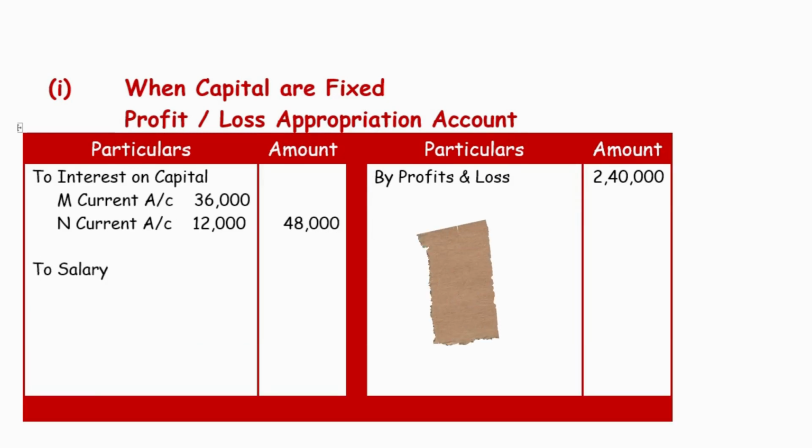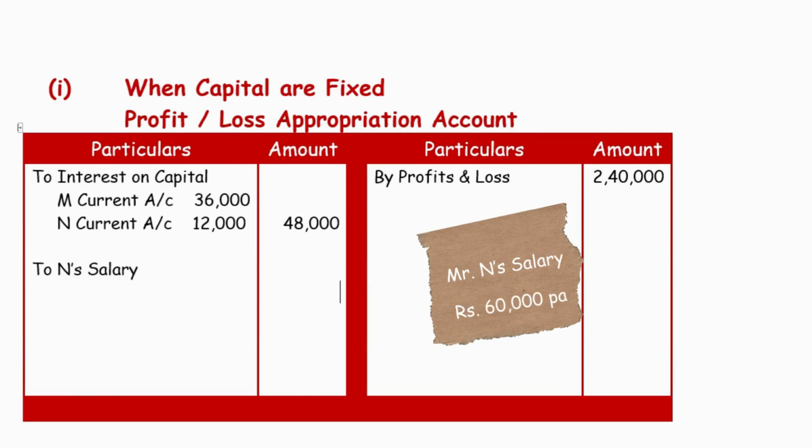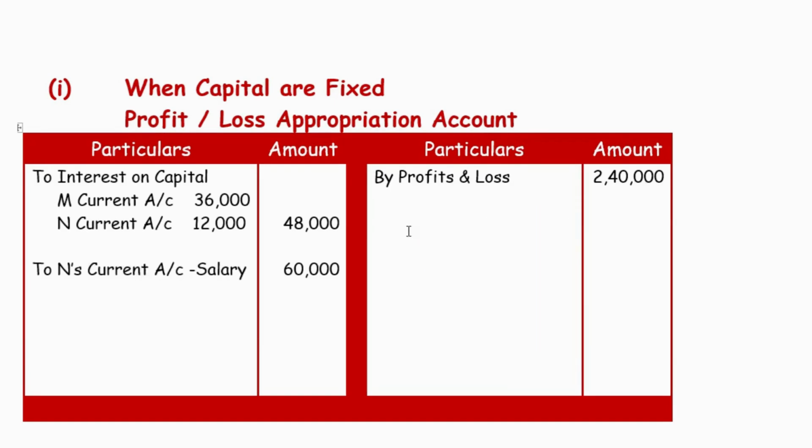And salary to a partner. N's salary is 60,000 and he will receive this through the current account. You can also write it as current account for the reason of salary. Then interest on drawings, it is an income for the firm.